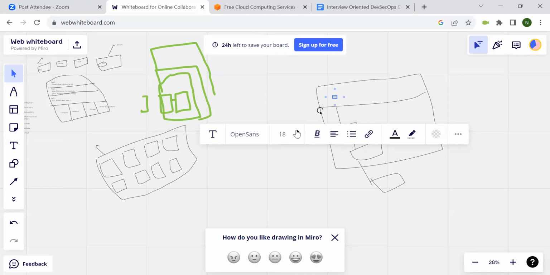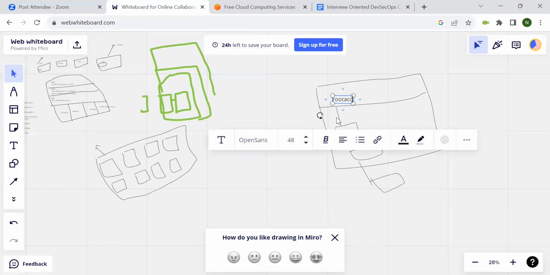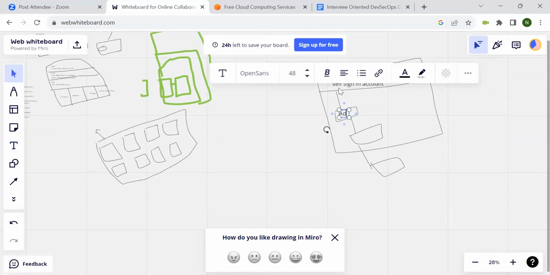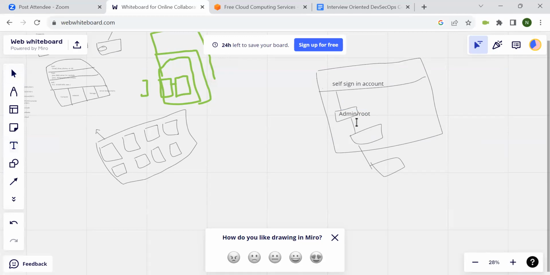Root account, or they will be creating it under the self-signed account or root account. What they do is they have one administrator or a root account user. Under the root account user, if they want to give access to these AWS services, they don't give admin access directly to other users.